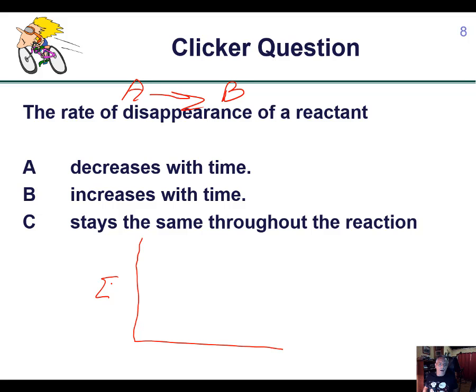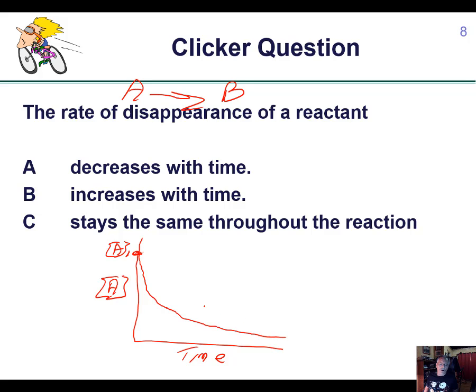If this is the concentration of my reactant, A, and this is the time that the reaction takes place, we start with a higher concentration. So this would be the concentration of our reactant at time 1. Now, as the reaction goes, the rate of the reaction will be fastest when the concentration is highest, and as it proceeds over time, less and less of the reactant is available to react.